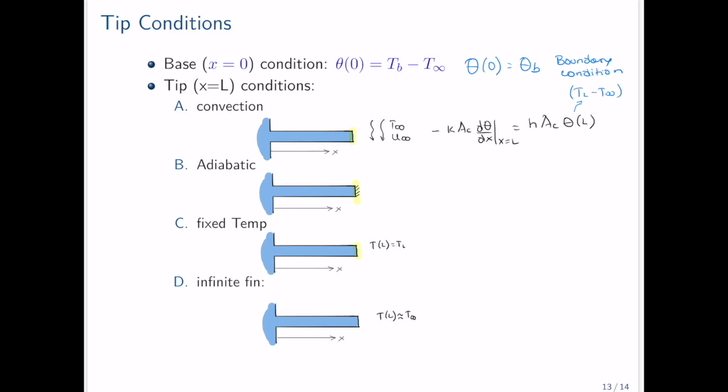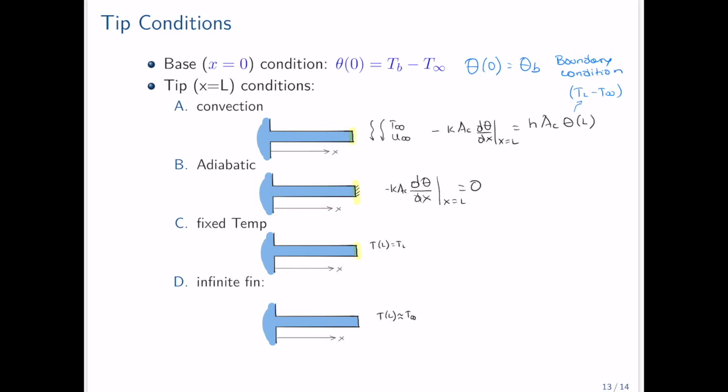Now for the adiabatic case, the second case, the heat transfer rate, which is minus K times Ac of d theta dx at x equal to L, is going to be equal to 0.